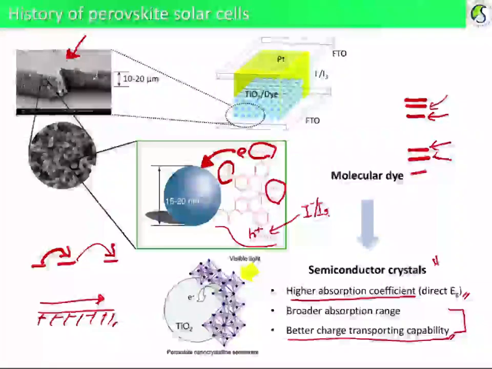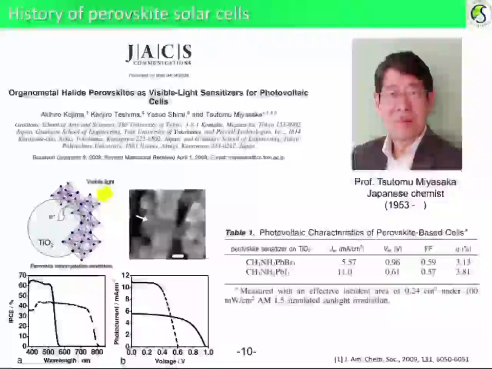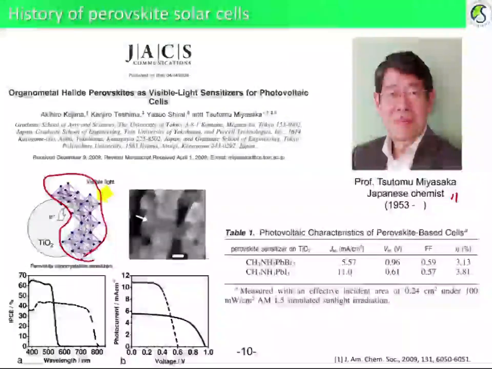And based on these properties, Professor Tom Miyasaka, who is a Japanese chemist, tried to incorporate this perovskite material into the dye-sensitized solar cells.